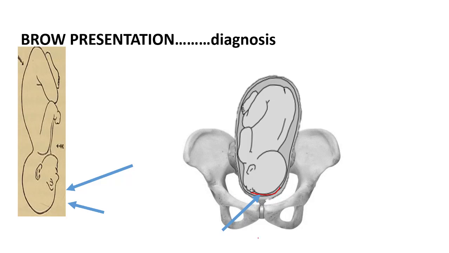So when we do vaginal examination, you will feel the frontal bone, the root of the nose and the nasal ridge, and the orbital ridges, right? But you will not be able to feel the mouth and chin. That is very important. So on per vaginal examination, you can easily tell about the presentation.